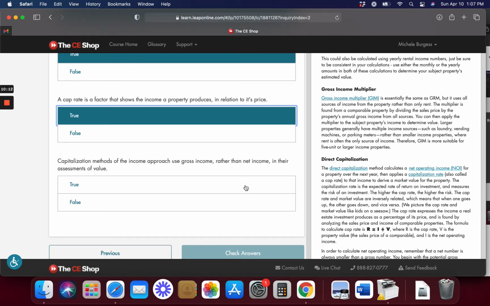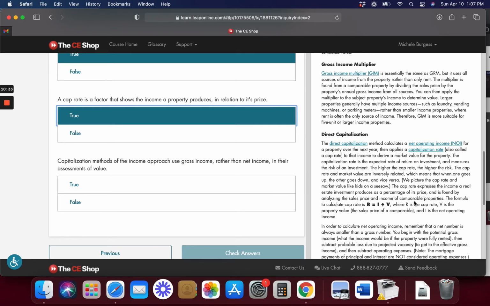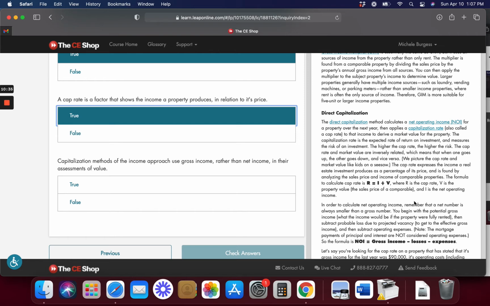Capitalization methods of the income approach use gross income rather than net income.